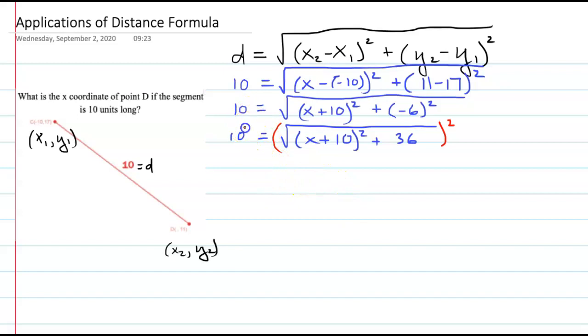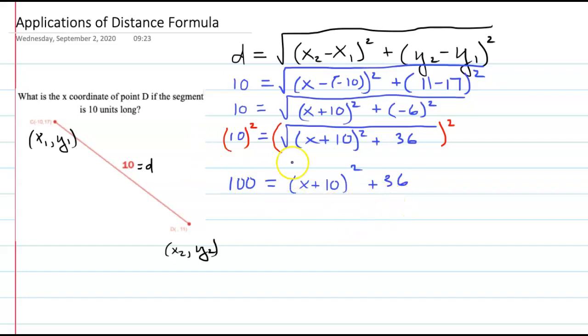That's going to put me back at 4. So I square both sides, and I get 100 on the left side. And now squaring this radical equation is going to get rid of that square root. So I'm just left with what's underneath. So I have x plus 10 squared plus 36.